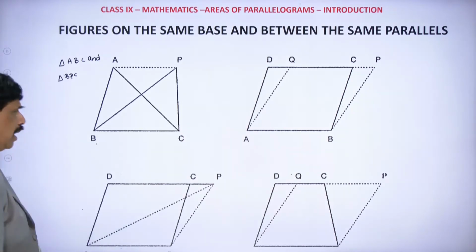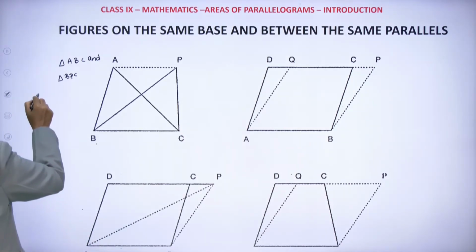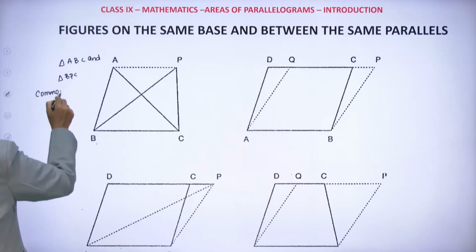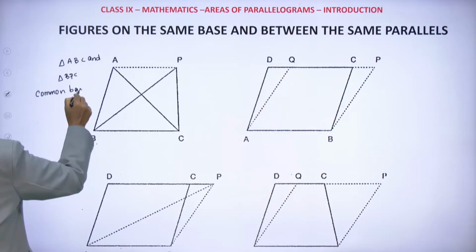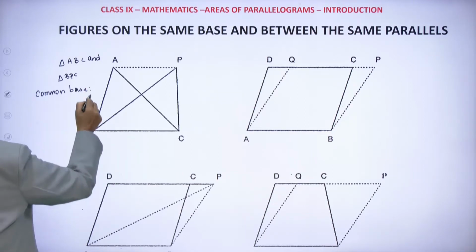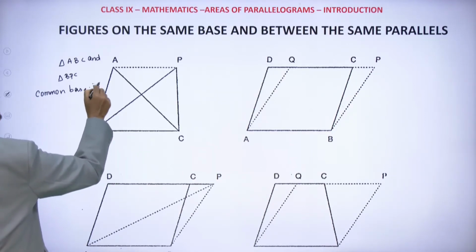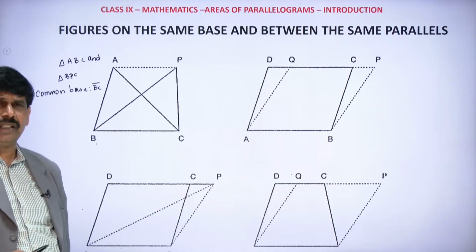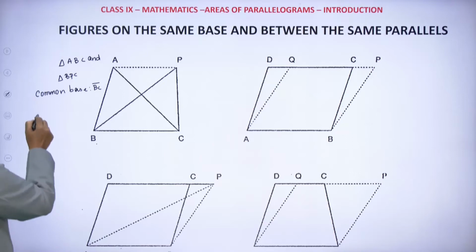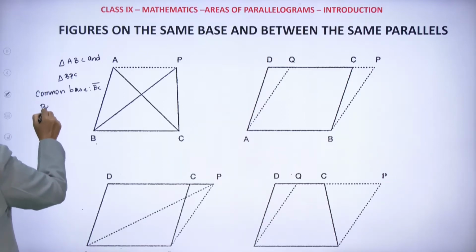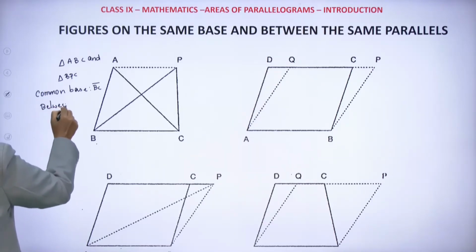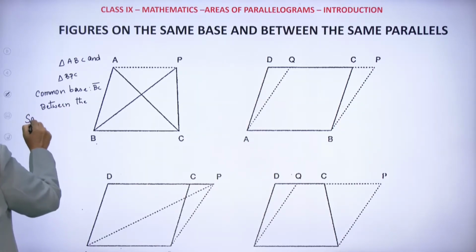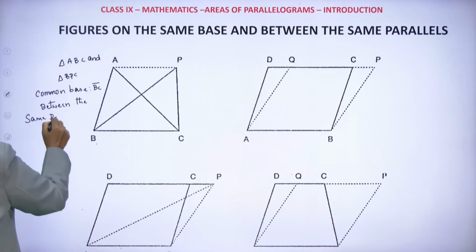Where are they? They are on the same base. What is the common base here? BC is the common base. And can you say what the two parallels are here? Between the same parallels, what are the two parallels?